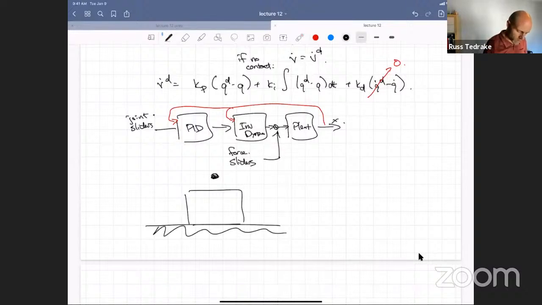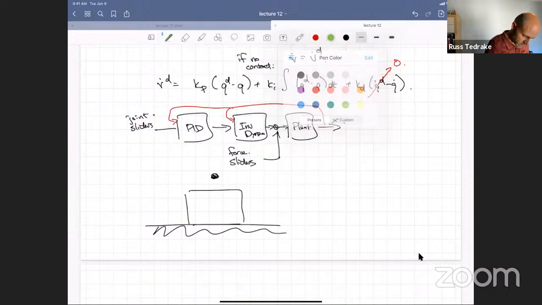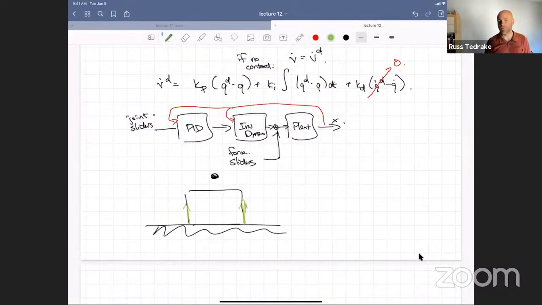Okay, so you have contact force vectors. I made them nice and bright green now. So you have contact force vectors coming up from the corners. You're going to have a new contact force between this object and the box. And I'm asking, can you slide the box sideways?